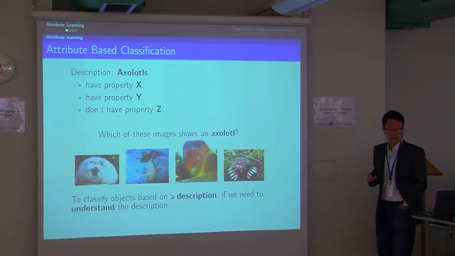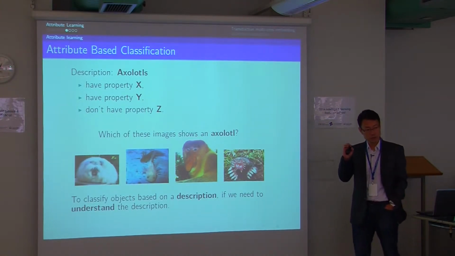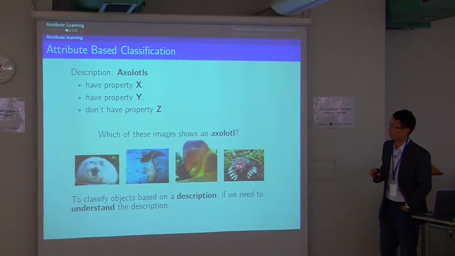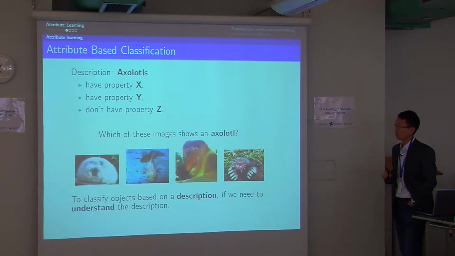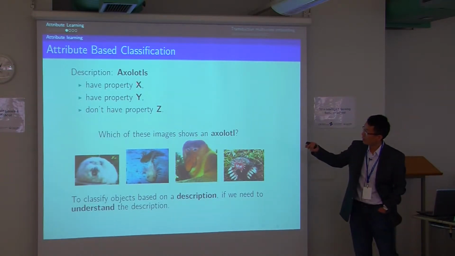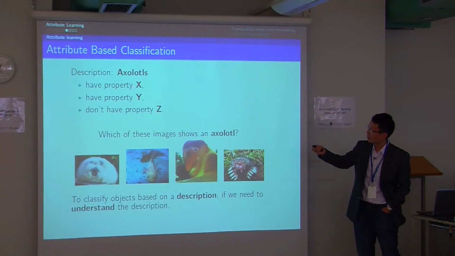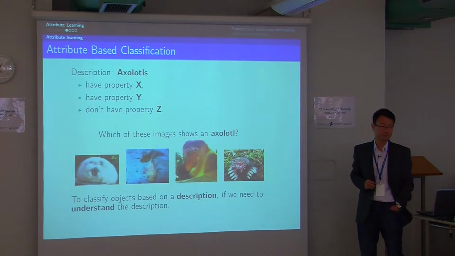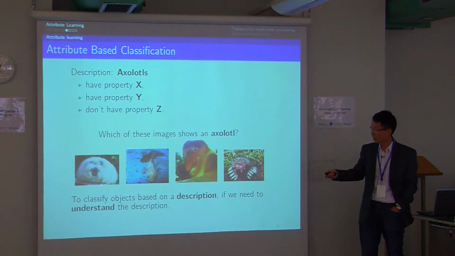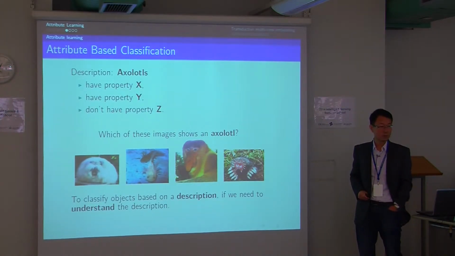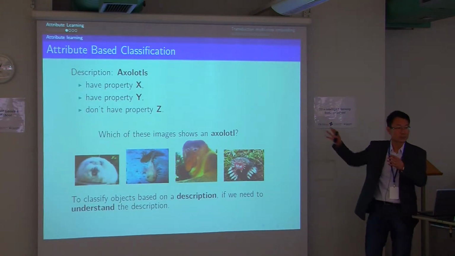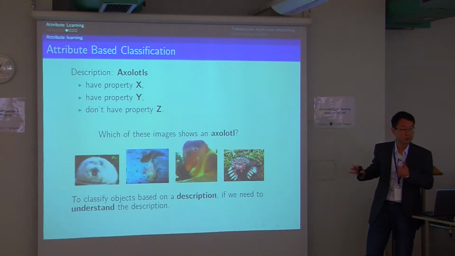What you want to do first is to understand what the attribute called white is, what the attribute called living in water is, right? Let's say I tell you this animal has property X, has property Y, does not have property Z. And I ask you to recognize this. There's no chance because we don't know what X, Y, Z mean, for a human, right?